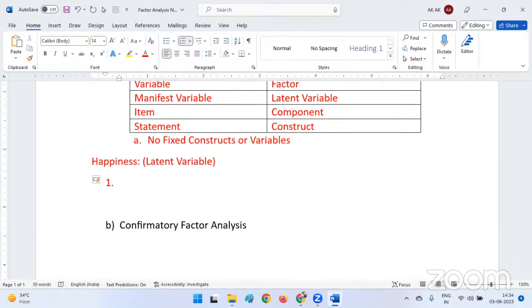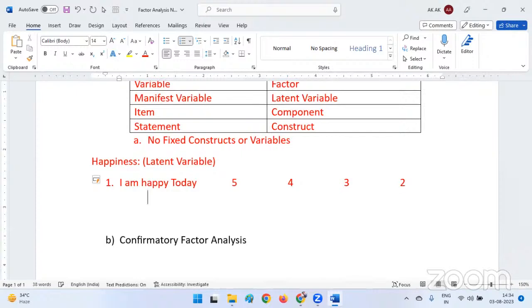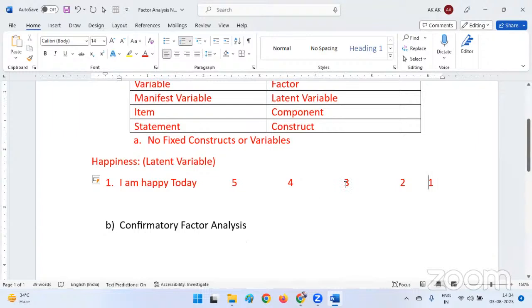My first statement is, I am happy today. And I want you to rate it on a Likert scale, 4, 3, 2, 1. This is an interval scale.